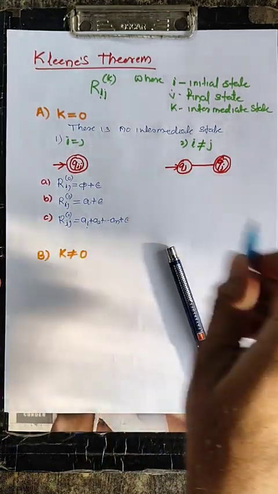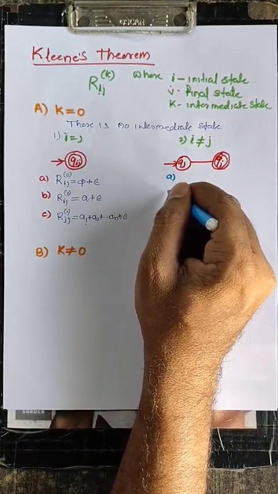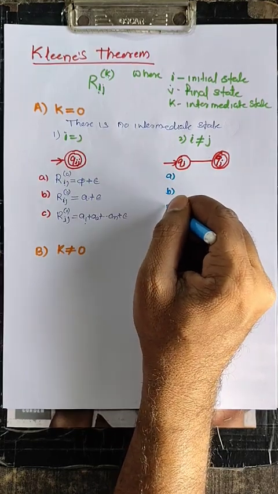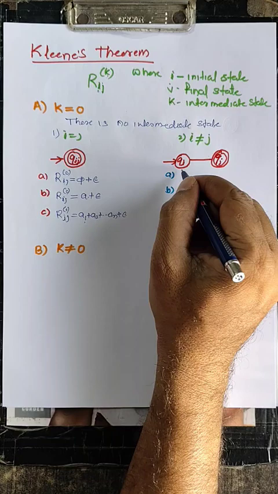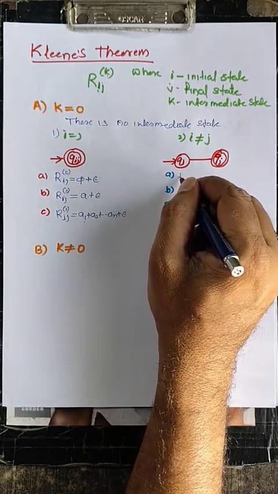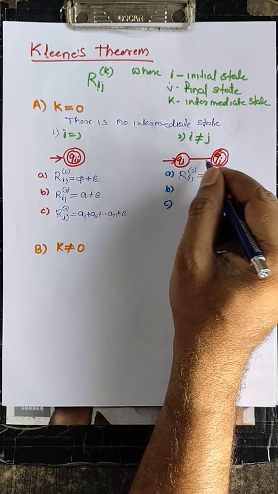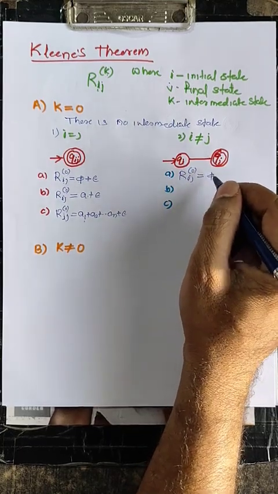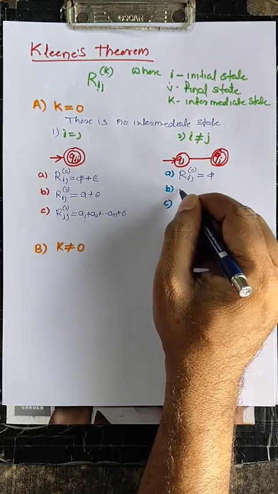On the other side, where i is not equal to j, again there may be no input symbol, one input symbol, or n input symbols. If there is no input symbol, R_ij^0 equals phi. Here you cannot take epsilon because the transition is from one state to another state.